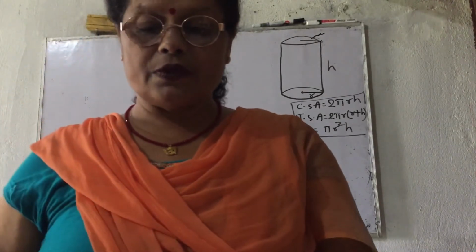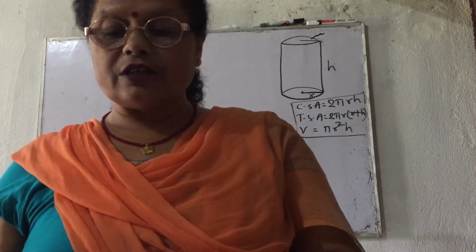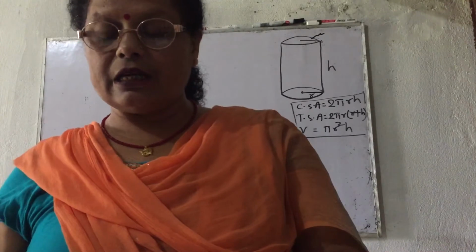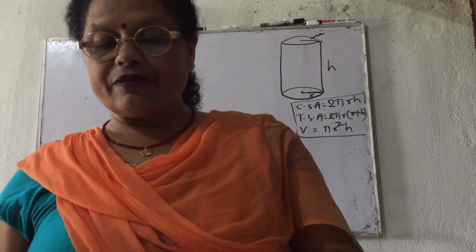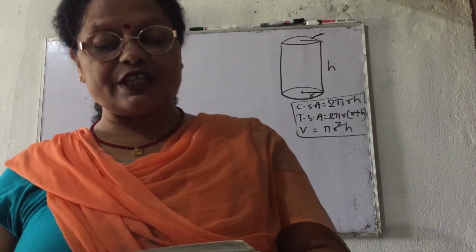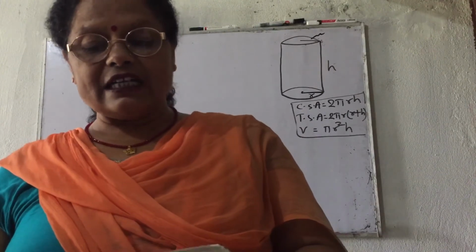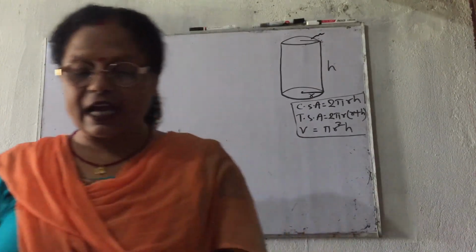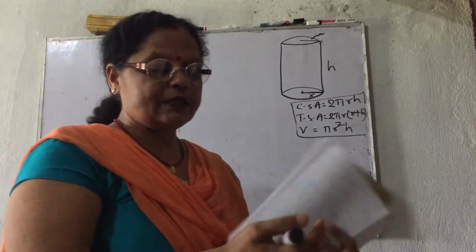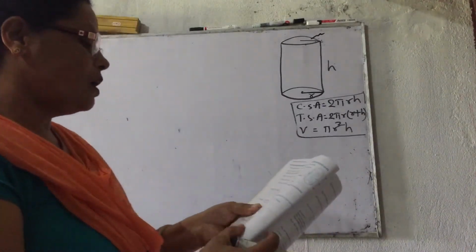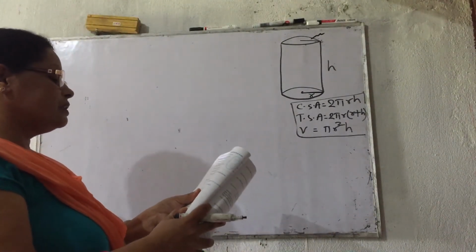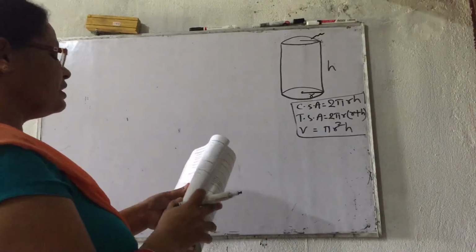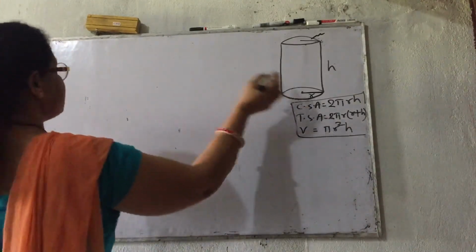Let's see. The radius of the circular base of a solid cylindrical pipe is 3.5 centimeter and it is 20 centimeter long. Find its curved surface area, total surface area and volume. Means its radius is given.